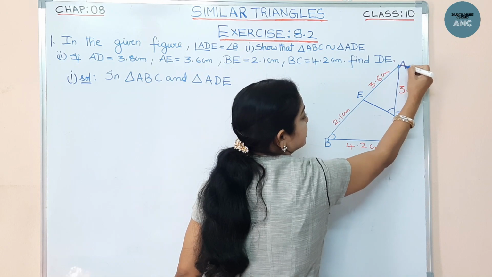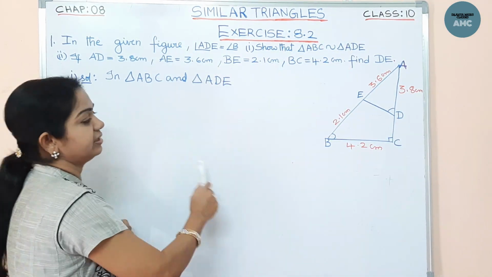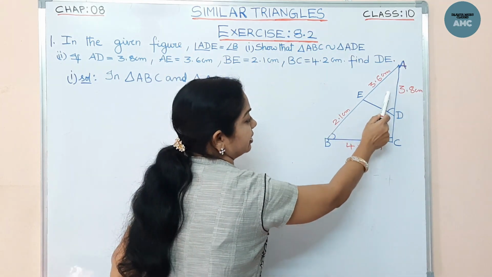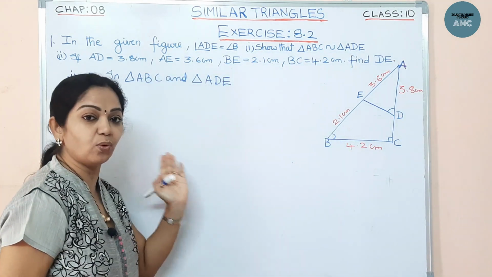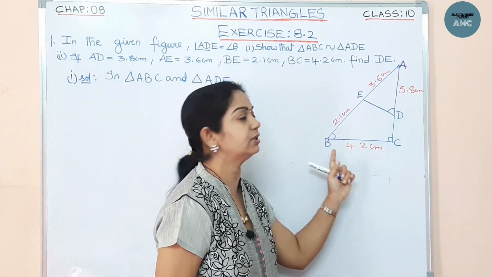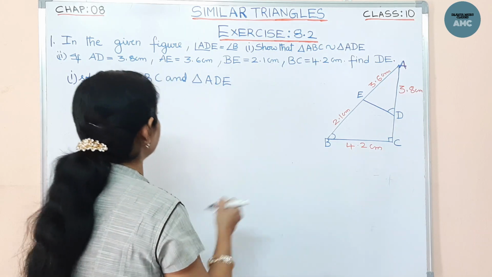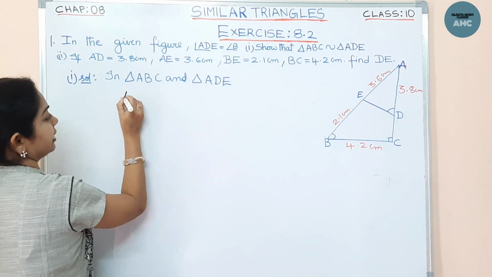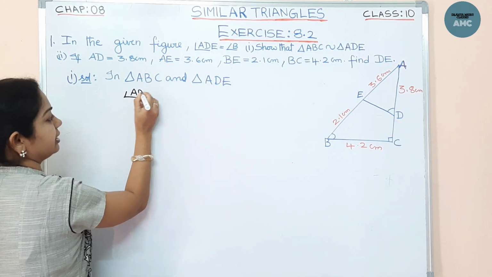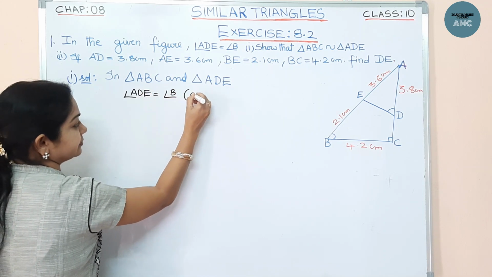We will be going with the AA similarity because one angle is already given equal. So let's write that: given angle ADE is equal to angle B, that is given in the problem.